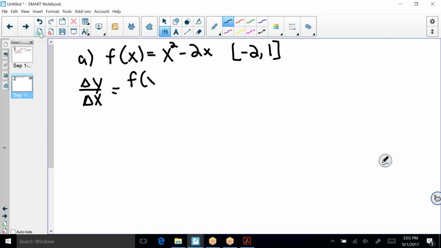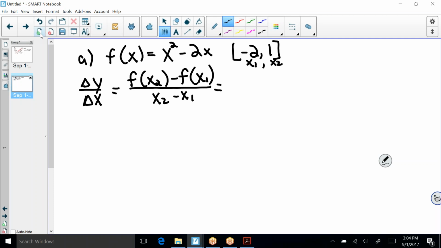So we have f of x sub 2 minus f of x sub 1 divided by x2 minus x1. And now we're going to fill in our x sub 1 and our x sub 2. So here in this example, we can say that -2 is our x sub 1, and 1 is going to be our x sub 2.